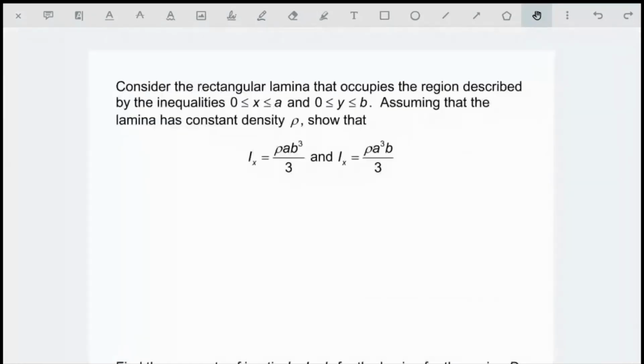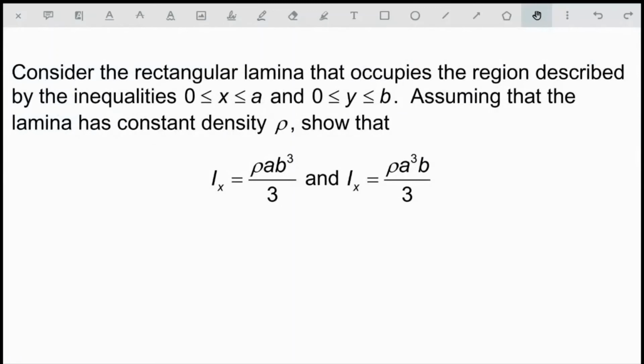All right, let's take a look at an example. It says, consider the rectangular lamina that occupies the region described by these inequalities: x going from 0 to a, y going from 0 to b. Assuming the lamina has constant density, show that this is true. We have a constant density this time, so it's very easy for us to calculate the mass. The mass part of this is sort of done.